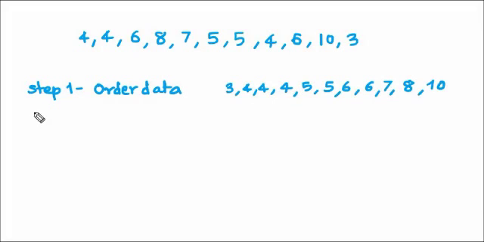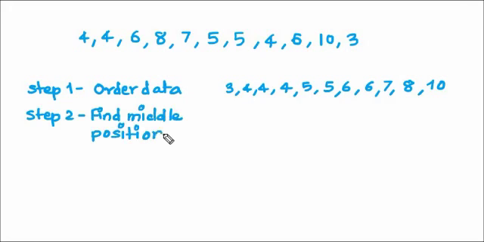Now step 2 is find what is the middle position. So the number of data values we have are 11. So 11 plus 1 divided by 2. So middle position is equal to 12 divided by 2, that is equal to 6. So sixth value is our middle position.